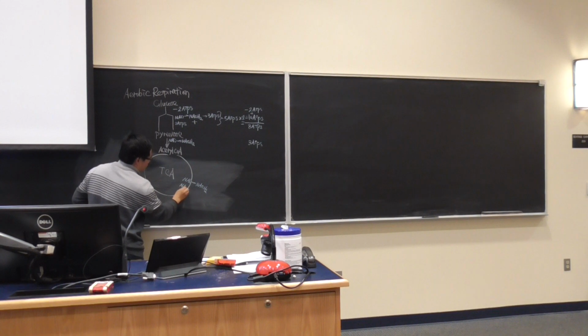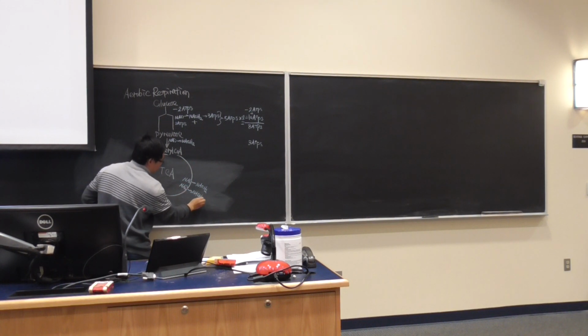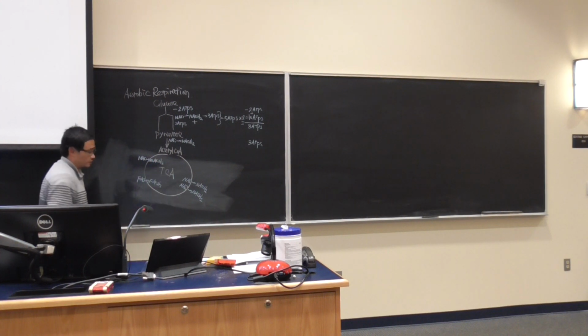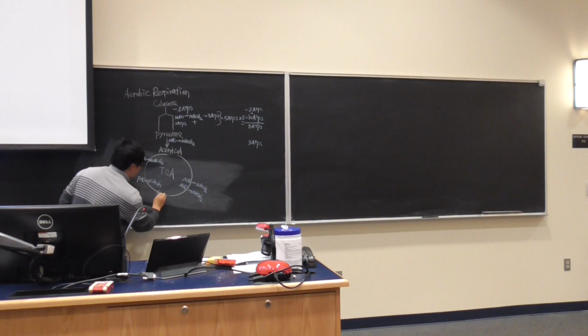Here, one more is connected to it, NAD to NADH2. Right here happens FAD reduced to FADH2, and right on the top there's another NAD reduced to NADH2, and do not forget there is a substrate level phosphorylation, which is GDP becoming GTP.